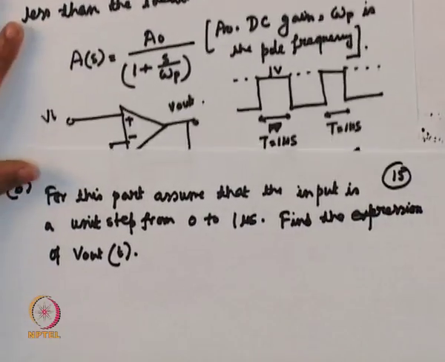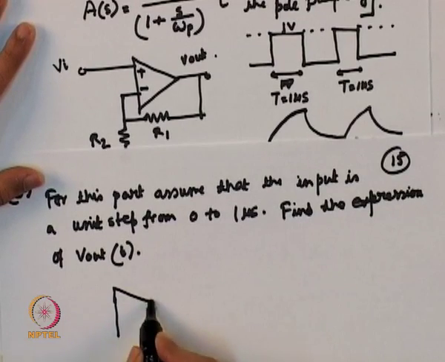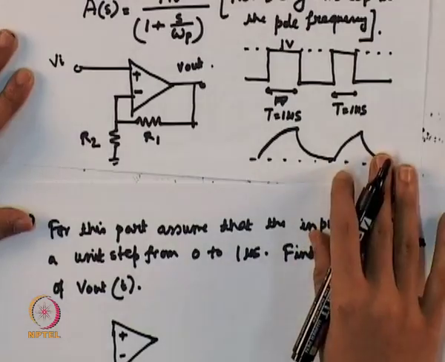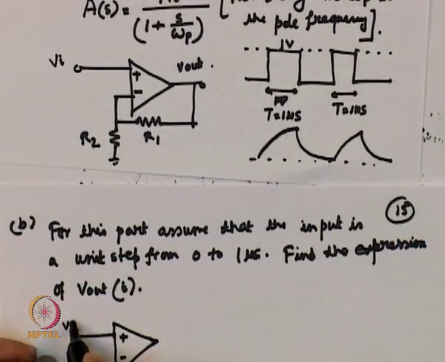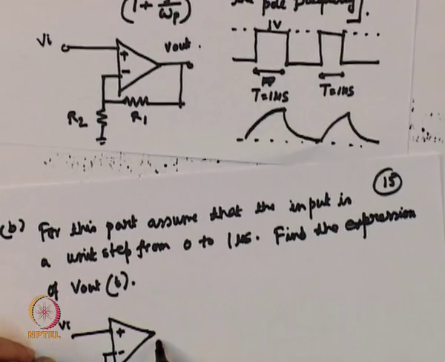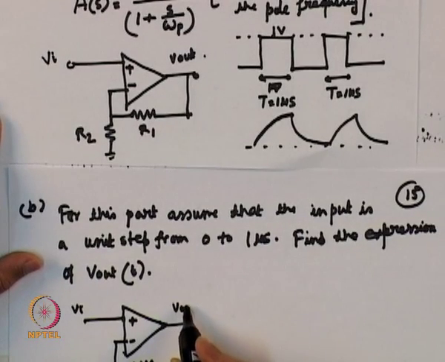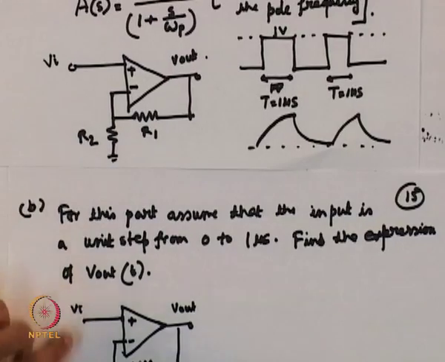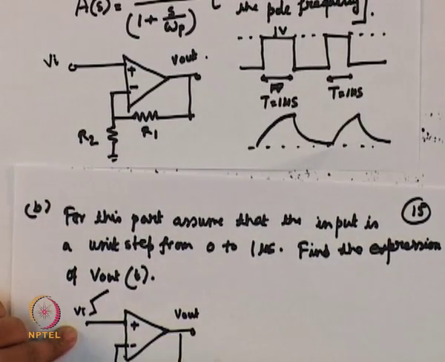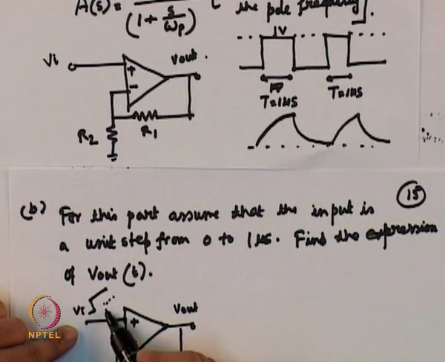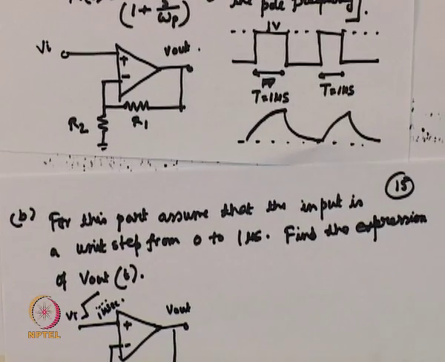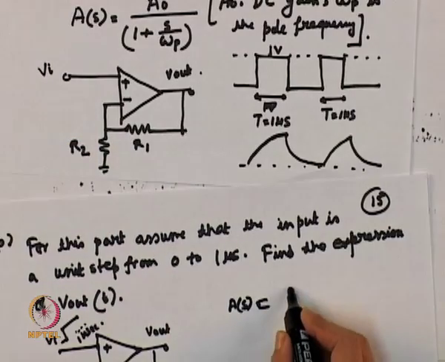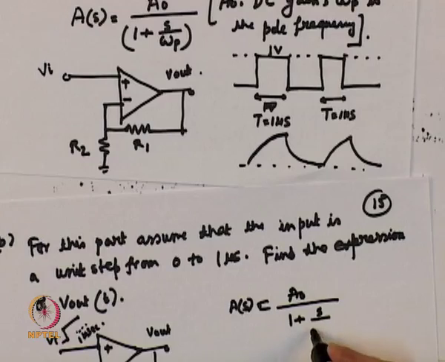For the same op amp, now at the input we are having a unit step from 0 to 1 microsecond, and the A(s), the same A(s) that I am writing, A0 by 1 plus s by omega p.